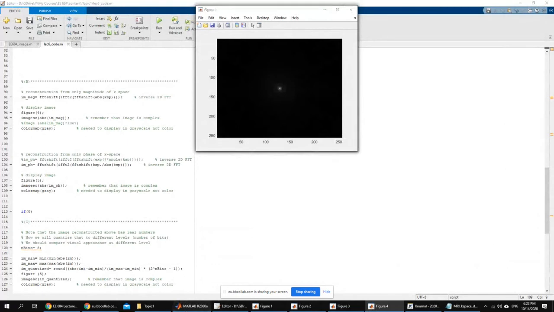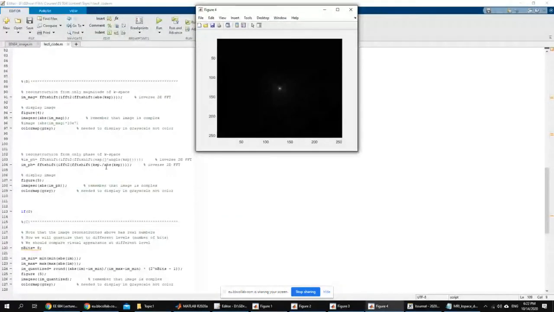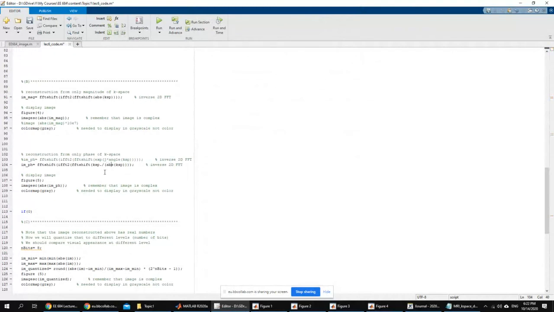Do you see anything? There's nothing here actually. It's almost nothing, but it might be due to some errors. Let me try something to make sure.